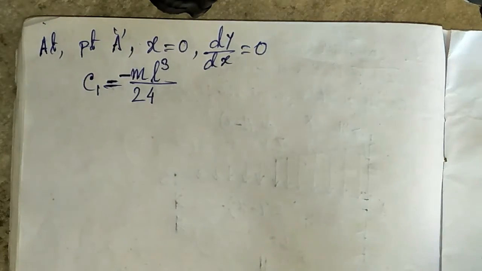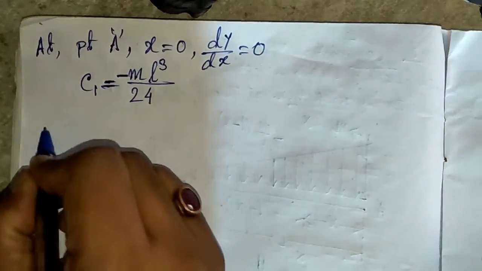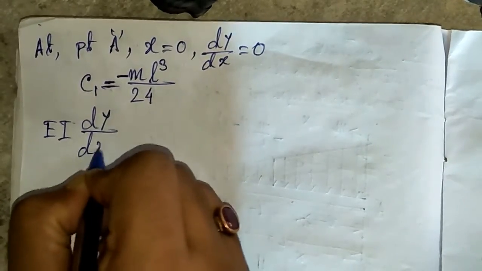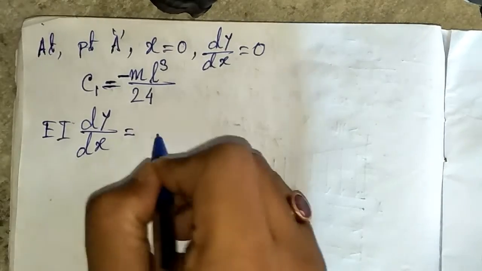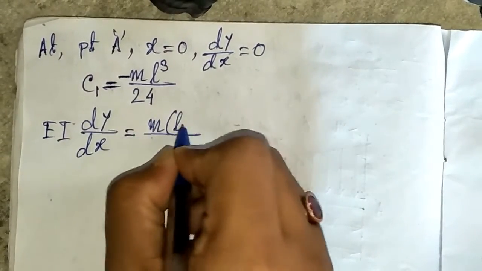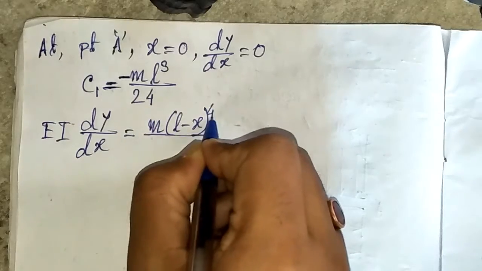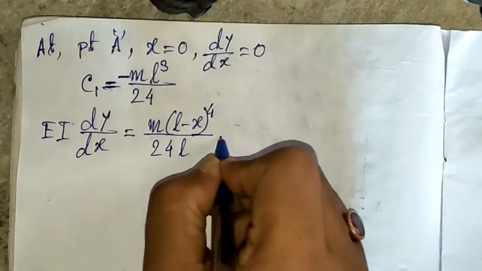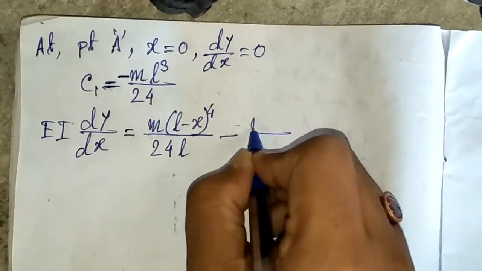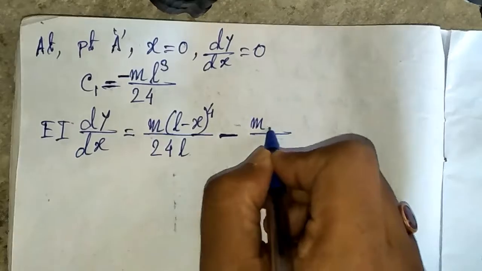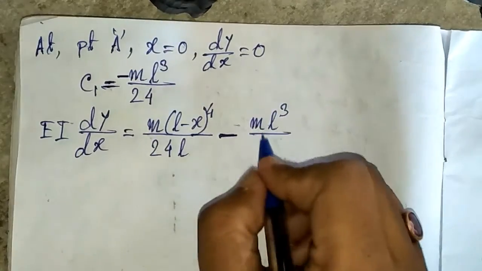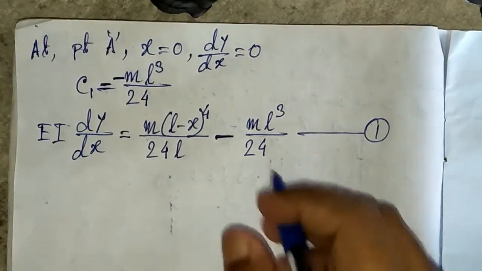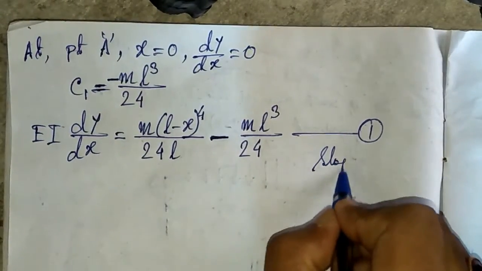So our equation will be EI dy/dx equals M into (L minus x) to the power 4 by 24L minus ML cubed by 24. This is equation number 1. This equation is the slope equation.